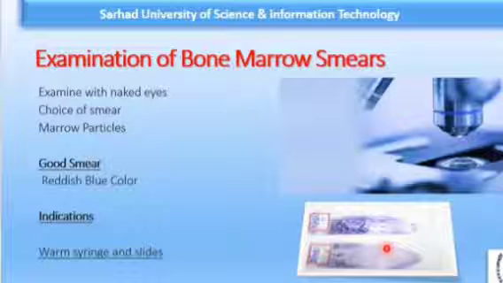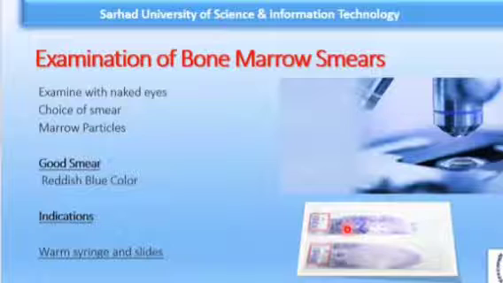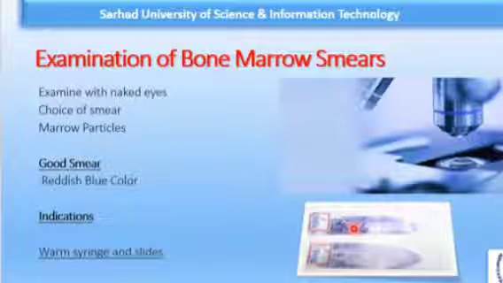In some diseases, these particles tend to clot during preparation, like in multiple myeloma, autoimmune disorders, or even in megaloblastic anemia. And in cold hemagglutinin disease, RBCs agglutinate if the slides and syringe are not warm.